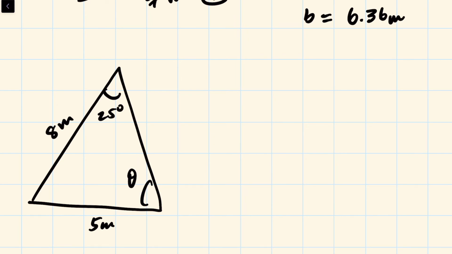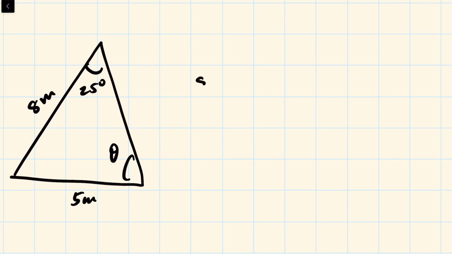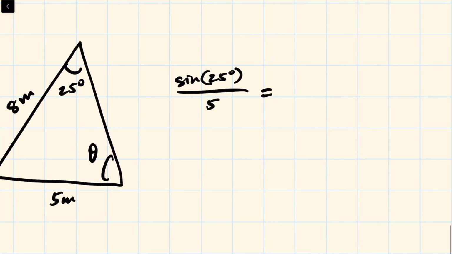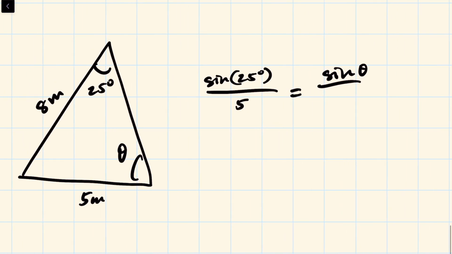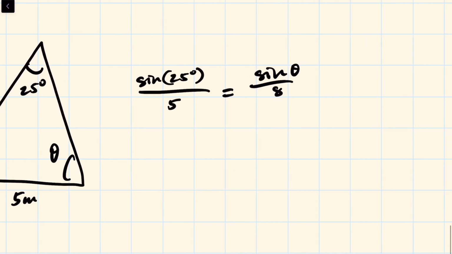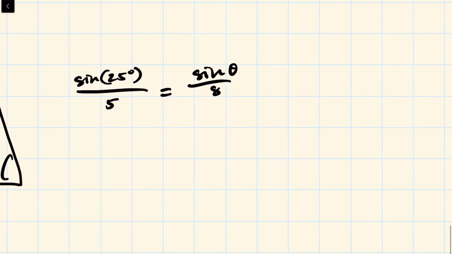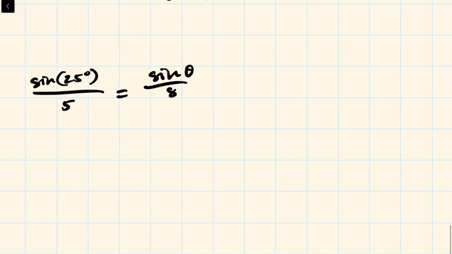Okay, so sine of 25 degrees over 5 meters, let's write 5 for now, is equal to the sine of theta here over the length of the side opposite to it, so that's 8 meters. Right? We want to solve for theta here. So we are going to cross multiply this 8 by that, this 5 by that.